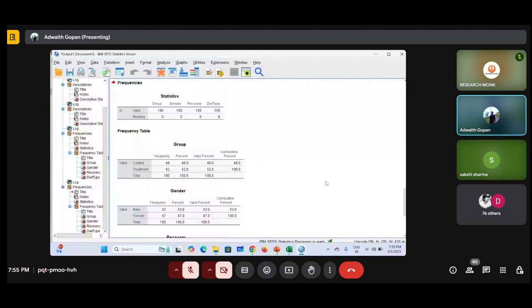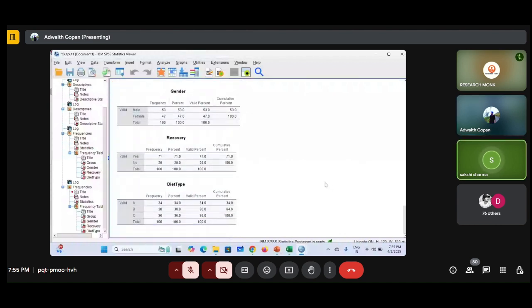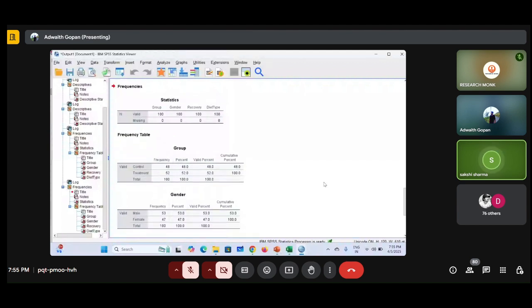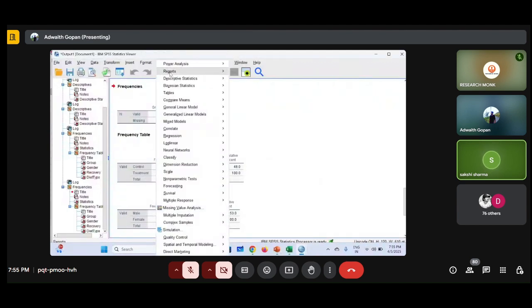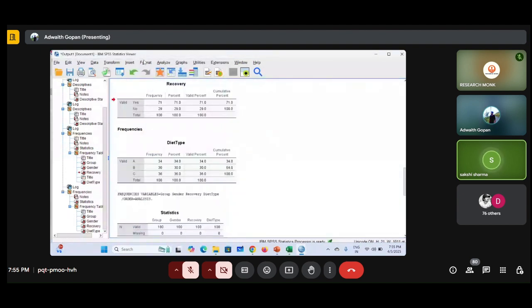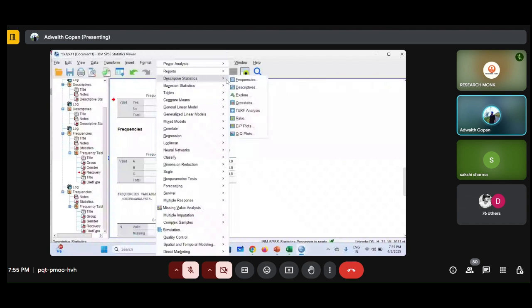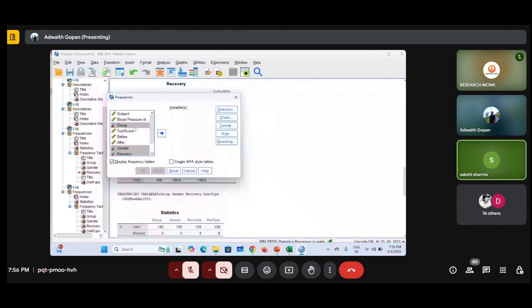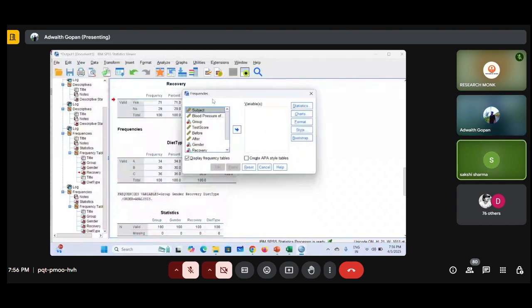We have to just click the frequency. Before that, sir, just go back. Analyze, descriptive statistics, and frequencies. You have the selection process, right? On the left side you can see the variables, right?